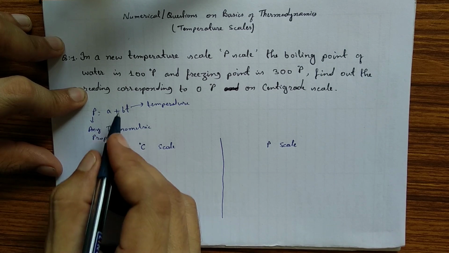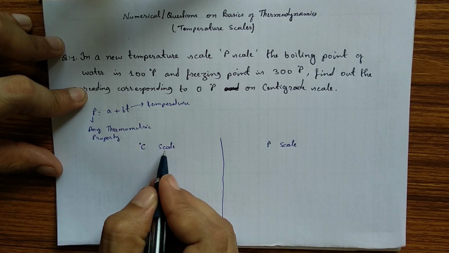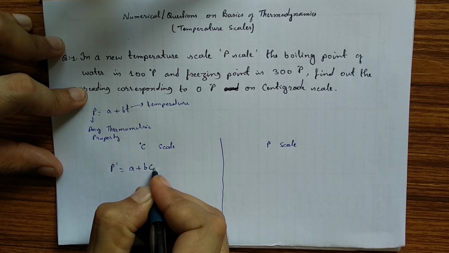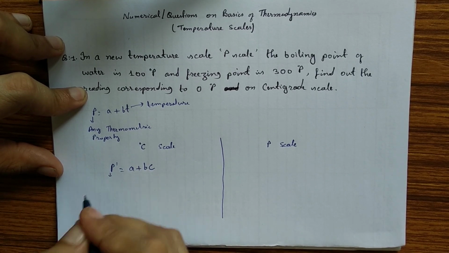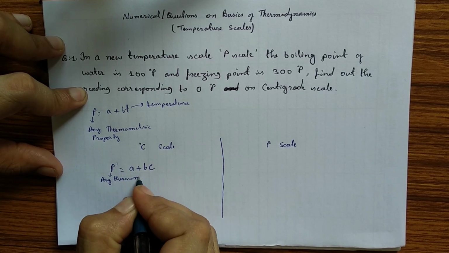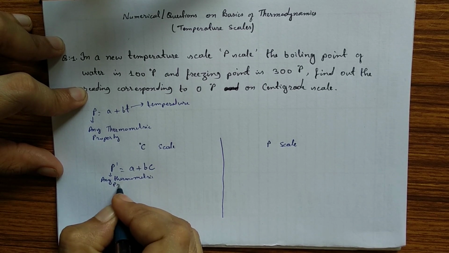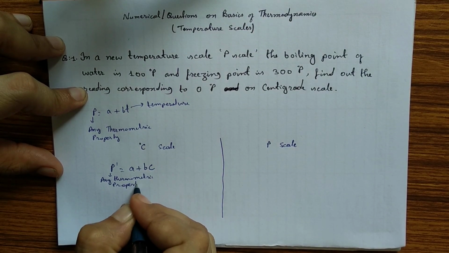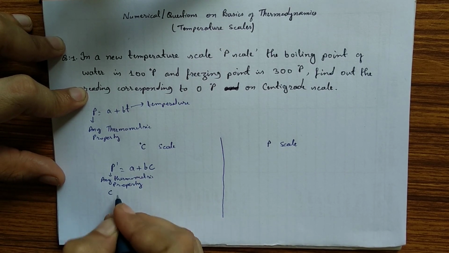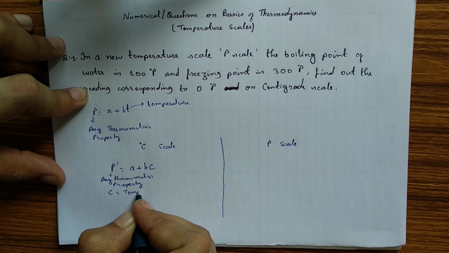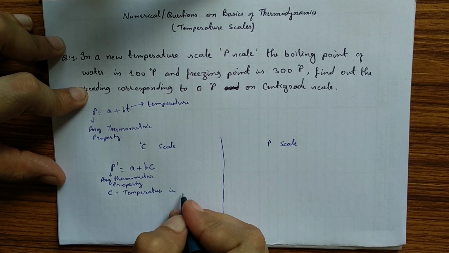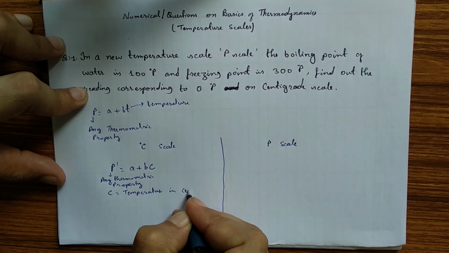In the centigrade scale we can write P dash equals A plus BC, where P dash is any thermometric property, A and B are constants, and C is the temperature in centigrade scale.